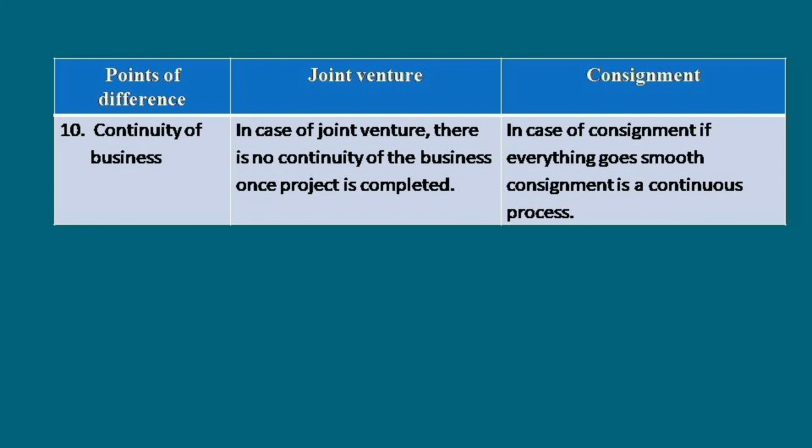With regard to continuity of business, in a joint venture, there is no continuity of the business once the project is completed. In case of consignment, if everything goes smoothly, consignment is a continuous process.